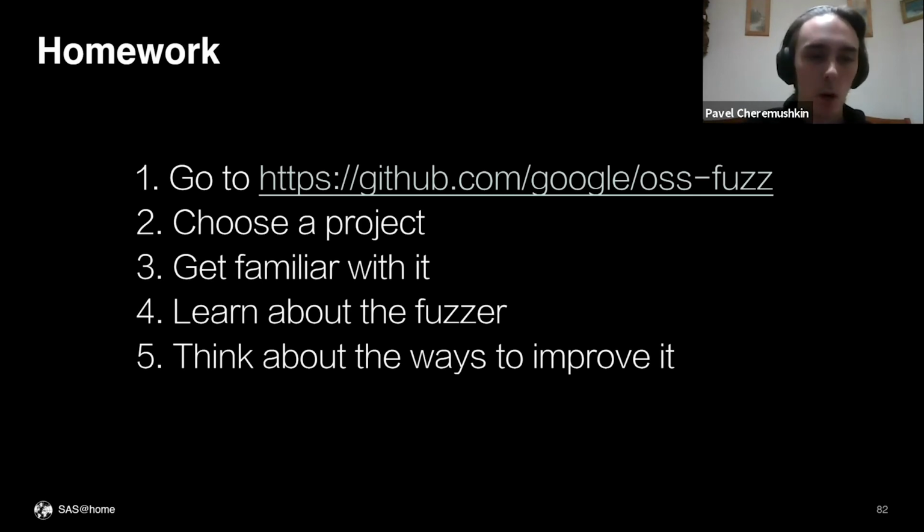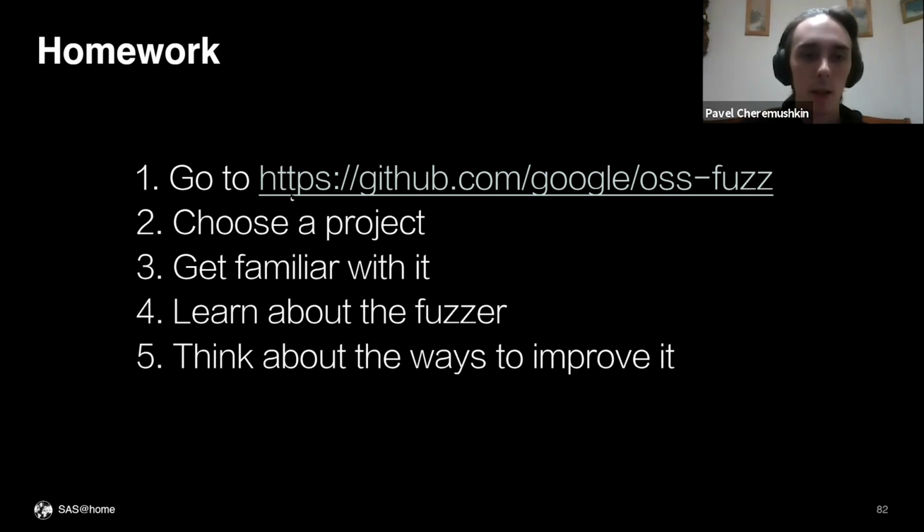Homework. We didn't get very practical this time due to the limited amount of time, but I would still like to give you homework, if you have become interested in the subject, or were interested previously. There are two points I made today: fuzz like nobody has been fuzzing, and fuzz where nobody has been fuzzing.